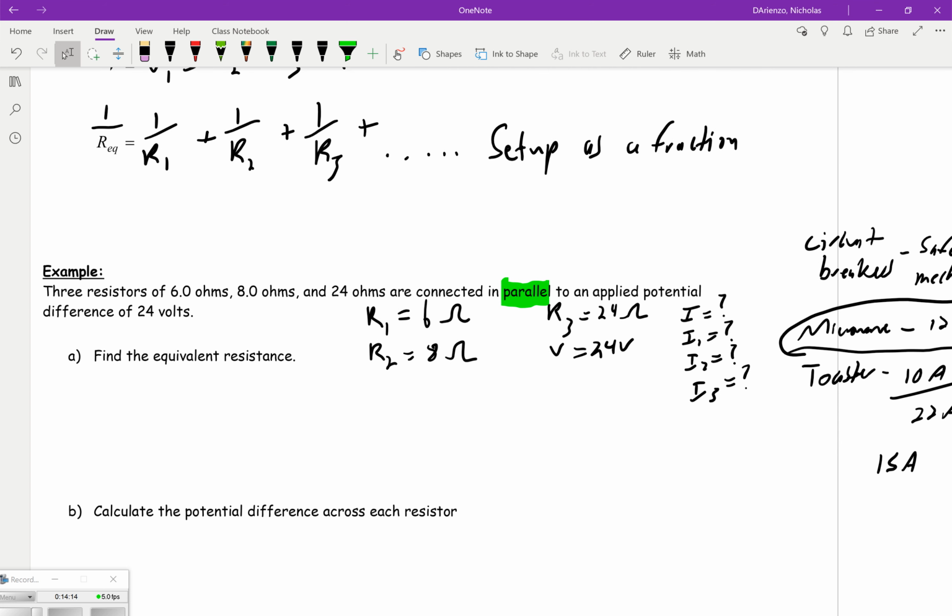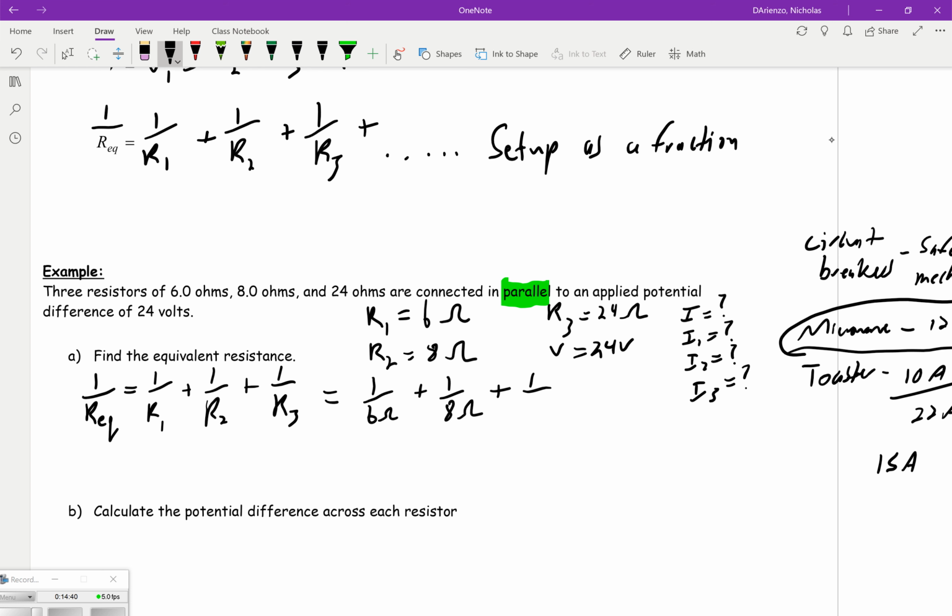To find equivalent resistance, we know 1 over the equivalent resistance is equal to 1 over R1 plus 1 over R2 plus 1 over R3. And we're going to have to draw on some of your past experience with adding fractions. So we end up with 1 over 6 ohms plus 1 over 8 ohms plus 1 over 24 ohms. Those are the three resistors that we had in our circuit.